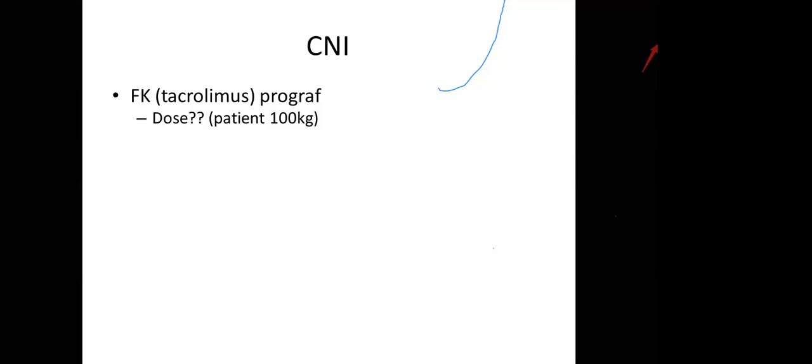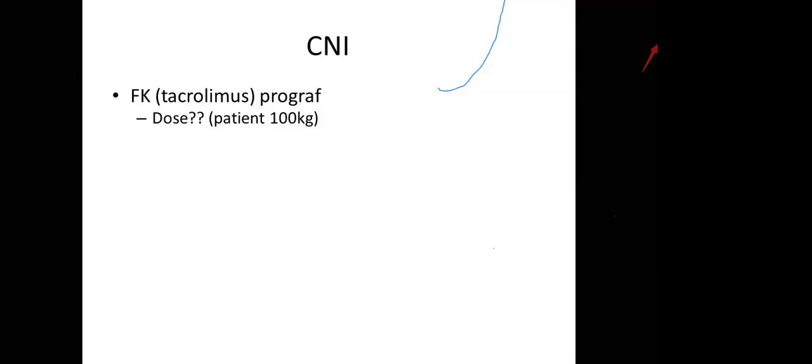But if you decide to give him the largest dose, which is 0.2, you will give him 20 capsules, 10 in the morning and 10 at night, which is a very large dose. We usually do this if the patient doesn't receive induction.